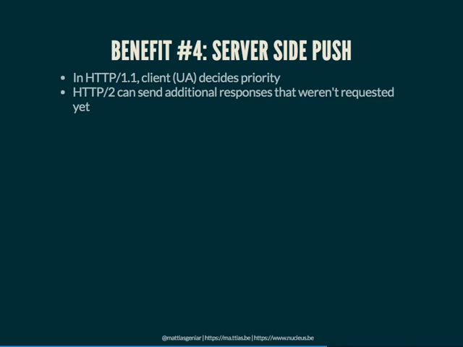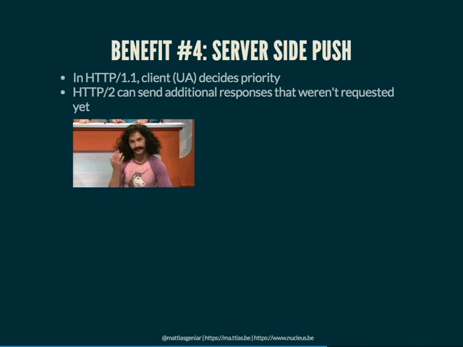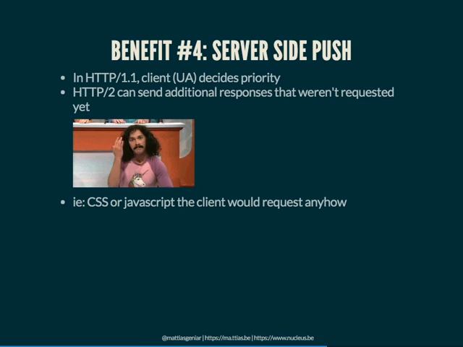It adds the additional benefit that as a server, you can even send data that your client has not even requested yet. This is magic. What does that mean? You're visiting CNN.com. You, as the webmaster of CNN.com, know that anyone that visits your site will eventually have to load your main JavaScript or your main CSS file. What usually happens is your client requests, it parses the entire DOM, and then it goes out to fetch the CSS.